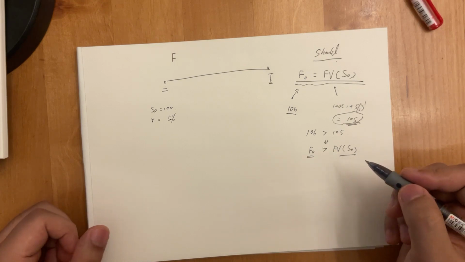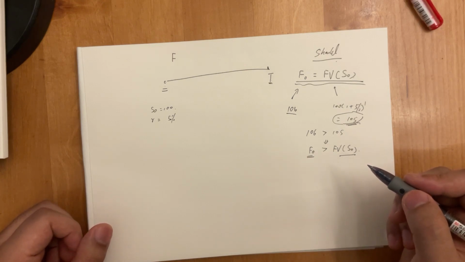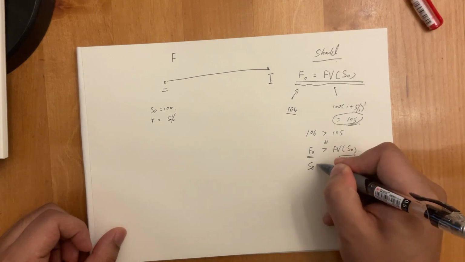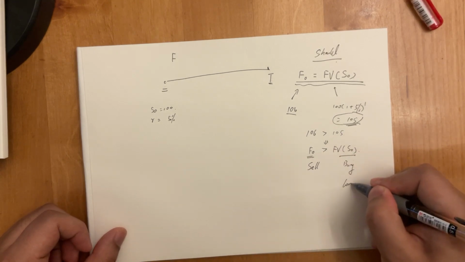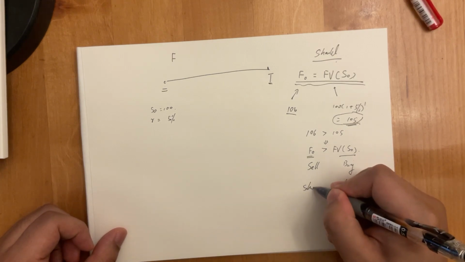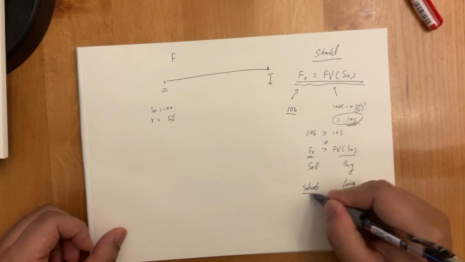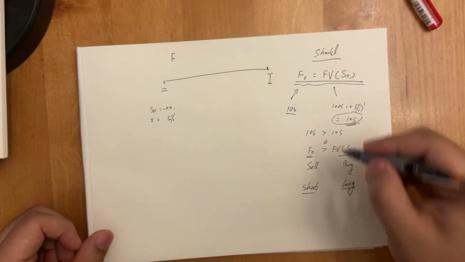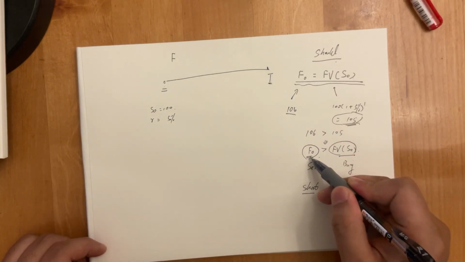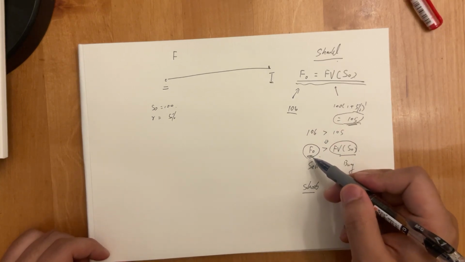If something is lower, something is cheaper, so you have to buy this and you have to sell this. So basically, in finance jargon, you're going to long this and short this. This is at time zero's forward contracts.